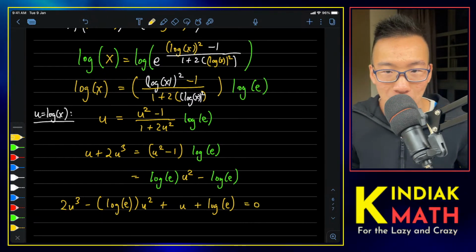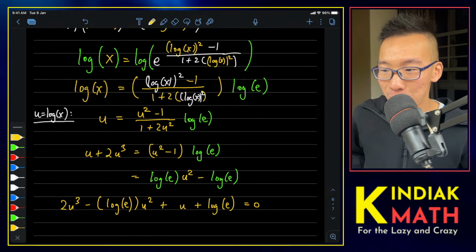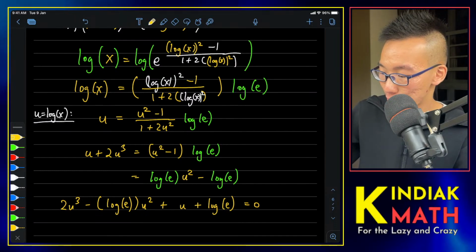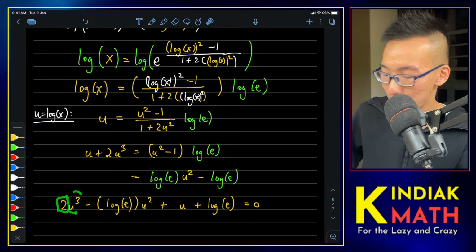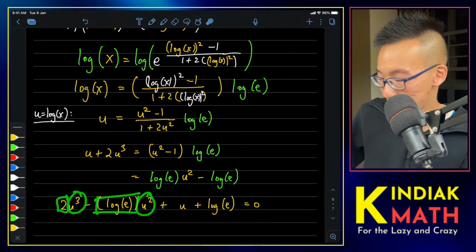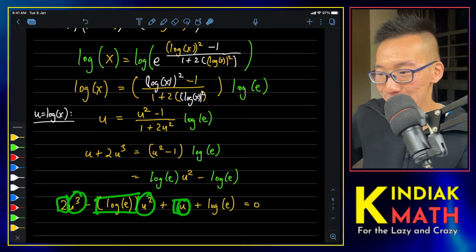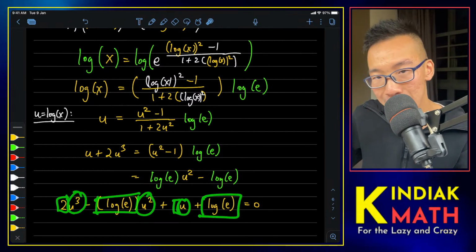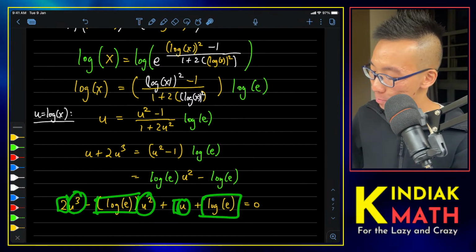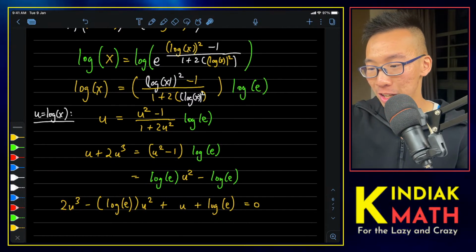Now this looks really complicated, but this is fundamentally a cubic equation. Because we're getting a constant multiplied by u cubed, another constant multiplied by u squared, another constant that's just 1 multiplied by u, and one last constant to wrap it all up. So we can just solve this as if we were solving a cubic equation.